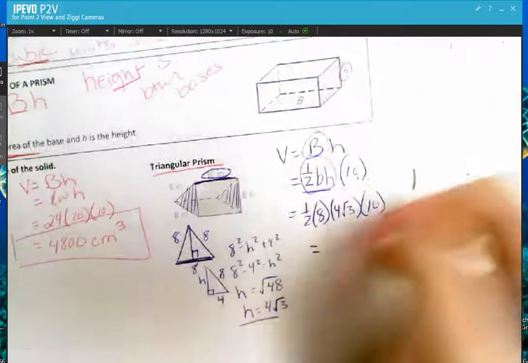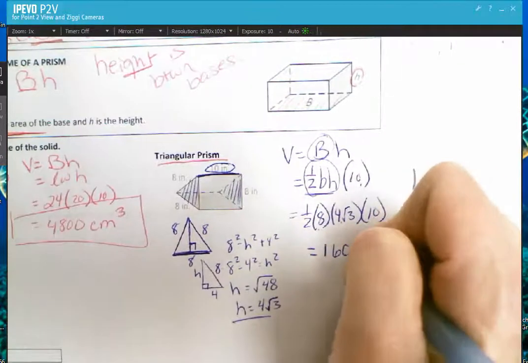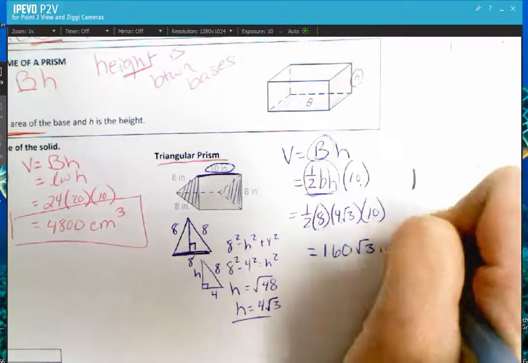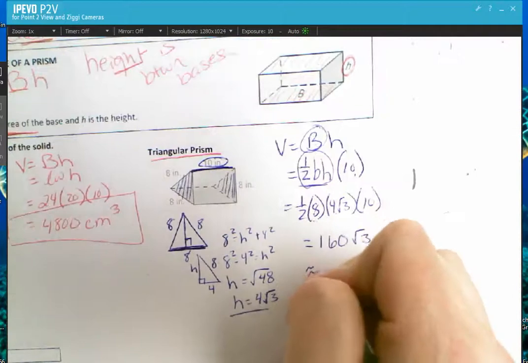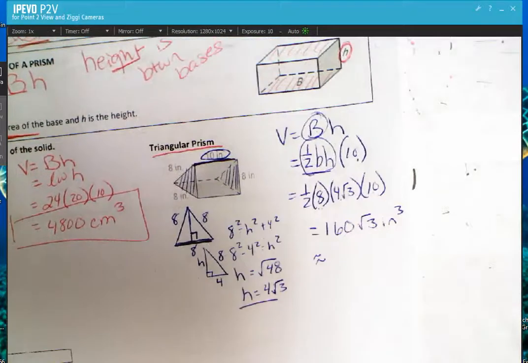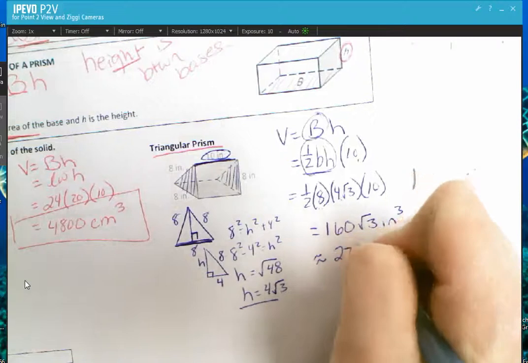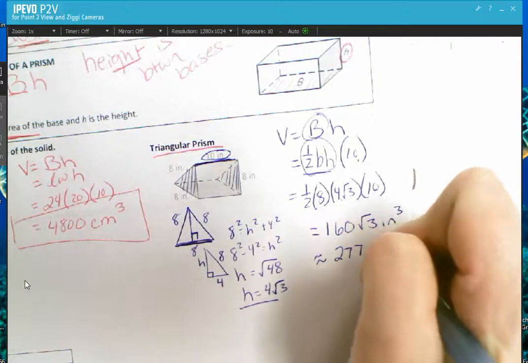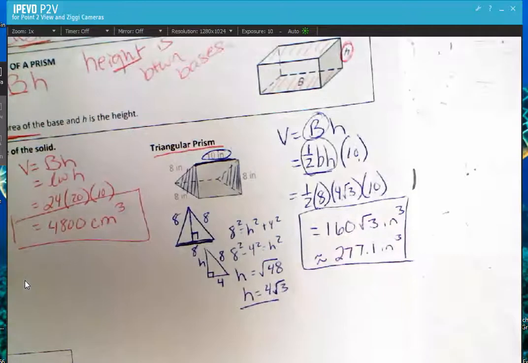So that's equal to 4 times 4 is 16 times 10 is 160 radical 3 inches cubed. That would be my exact answer, and then you put it into your calculator and you get approximately 277.1 inches cubed. We're dealing with volume, so make sure you're getting your units right.